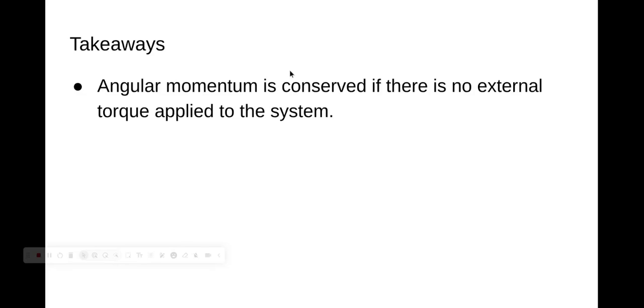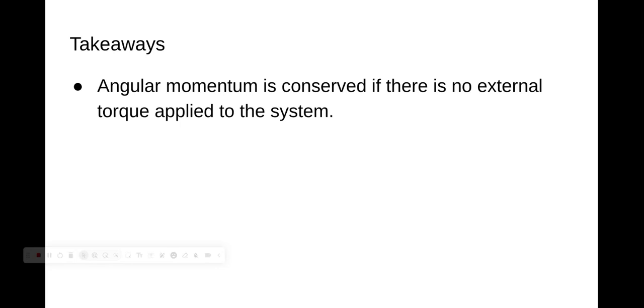So here are your takeaways. Angular momentum is conserved if there is no external torque applied to your system, whether that system is a point object, an extended object, or a collection of objects. As long as you have no external torque, then the angular momentum is conserved.